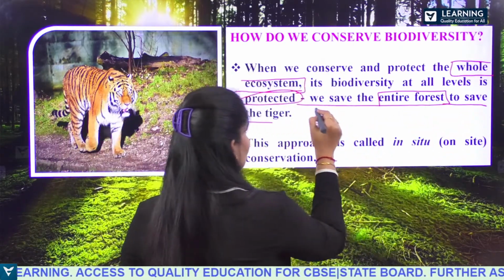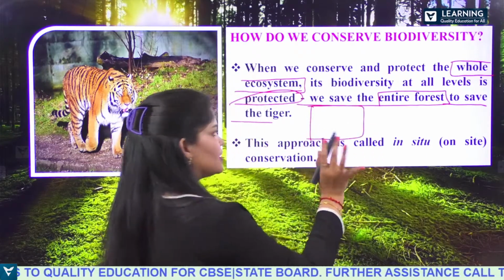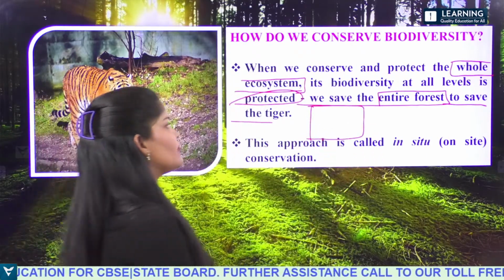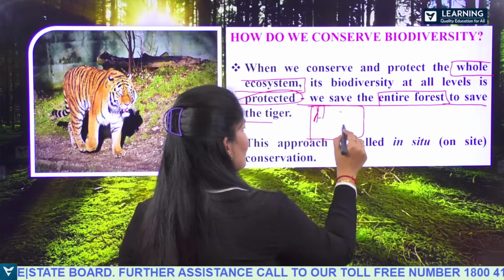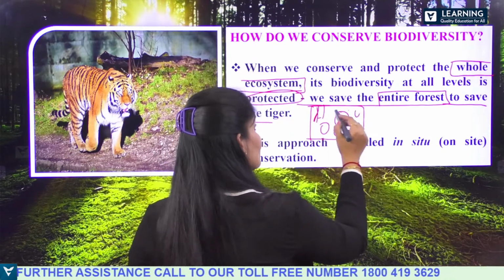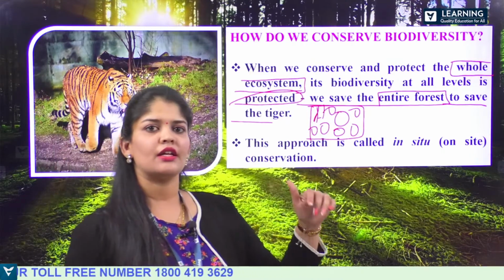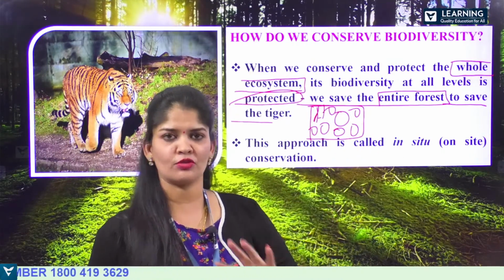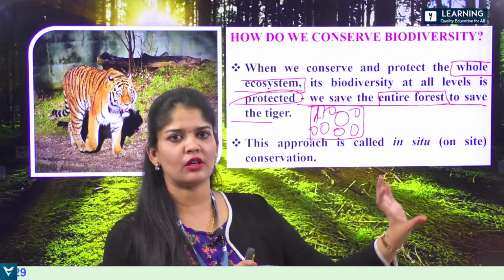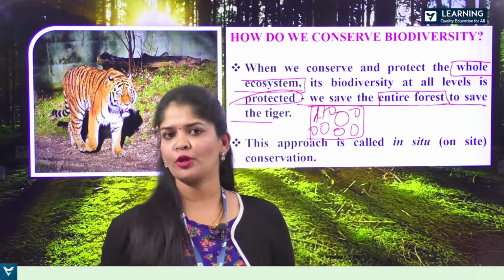So here, if you take an entire ecosystem, we have a plant system, we have animals, different levels of animals, which belong to herbivores and carnivores, consumers and producers, different varieties of consumers and different varieties of producers.